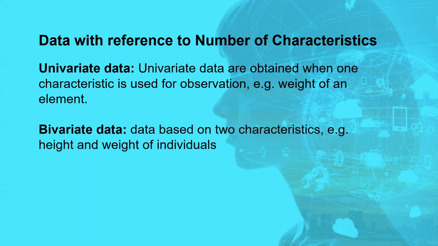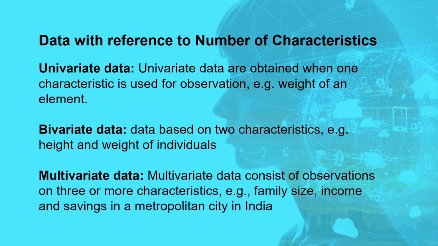Bivariate data results when instead of one, two characteristics are measured simultaneously, as for example, height and weight of 10th class students. Multivariate data consists of observations on three or more characteristics such as family size, income and savings in a metropolitan city in India.